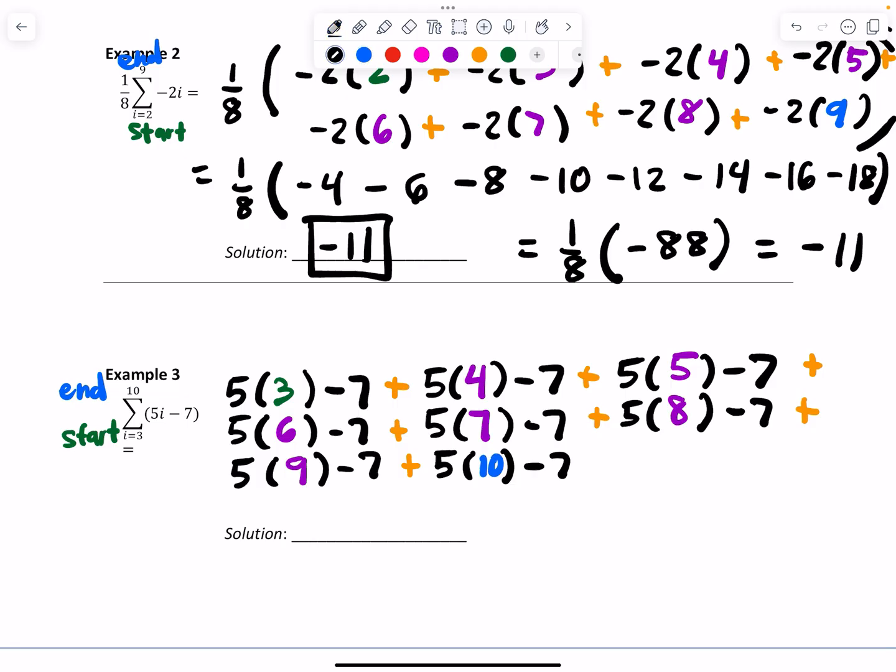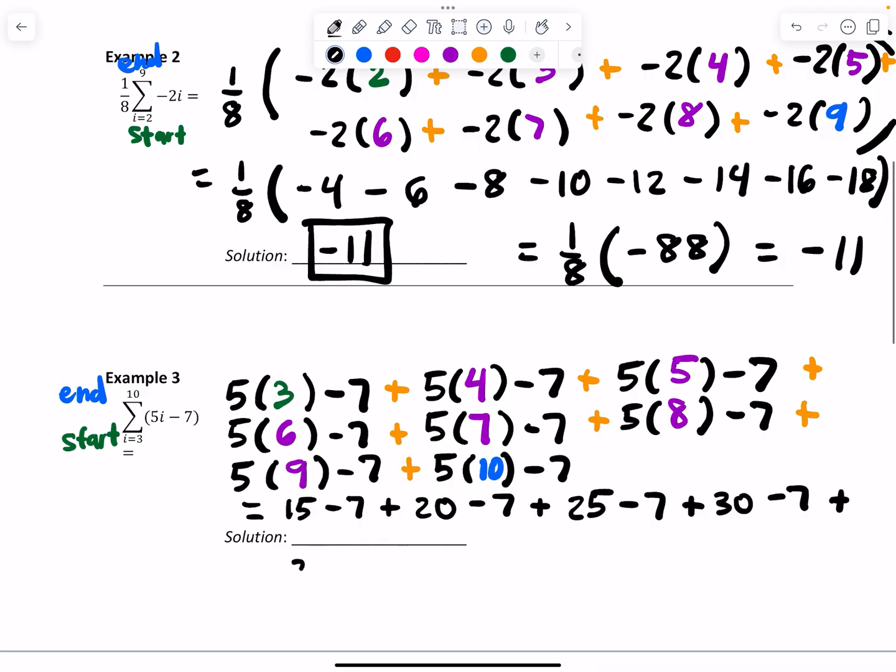Okay, so now I simplify. 5 times 3 will be 15 minus 7, plus 5 times 4 is 20 minus 7, plus 5 times 5 is 25 minus 7, plus 5 times 6 is 30 minus 7, plus 5 times 7 is 35 minus 7, plus 5 times 8 is 40 minus 7, plus 5 times 9 is 45 minus 7, plus 5 times 10 is 50 minus 7.